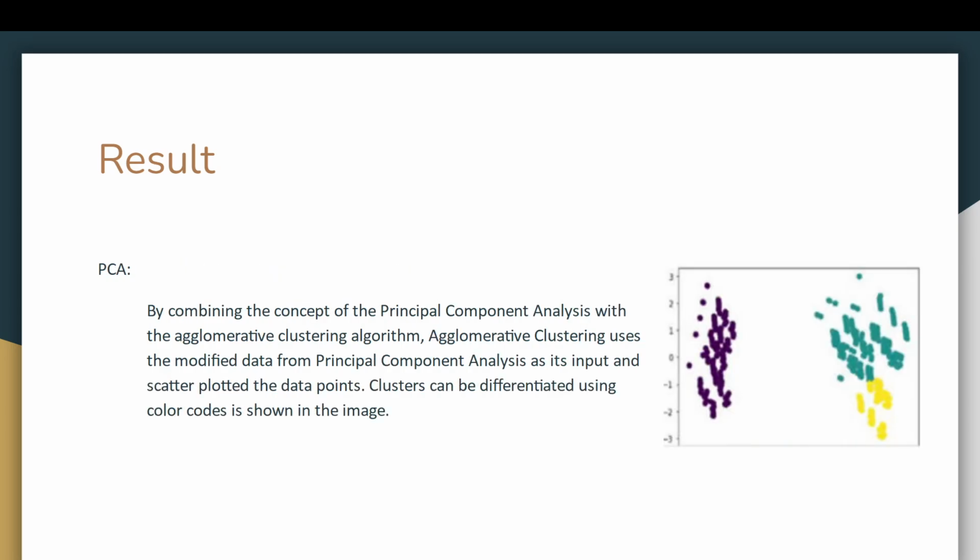The last part is PCA, Principal Component Analysis. By combining the concept of Principal Component Analysis with the agglomerative clustering algorithm, agglomerative clustering uses the modified data from PCA as its input and scatter plots the data points.